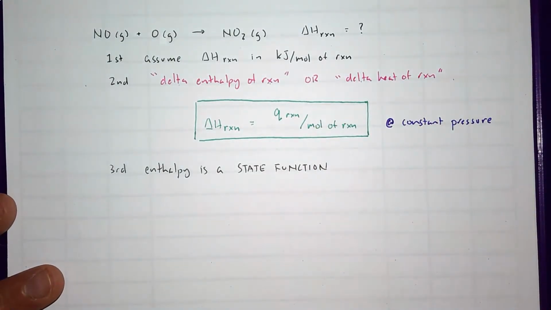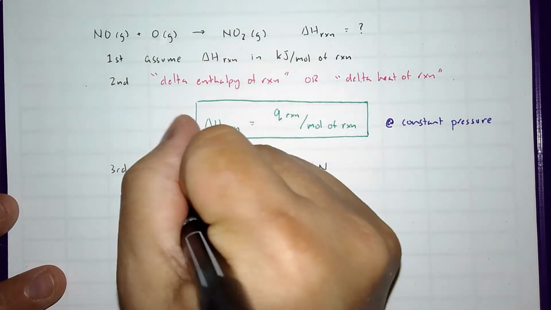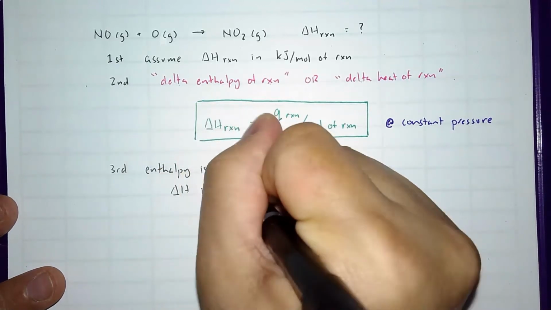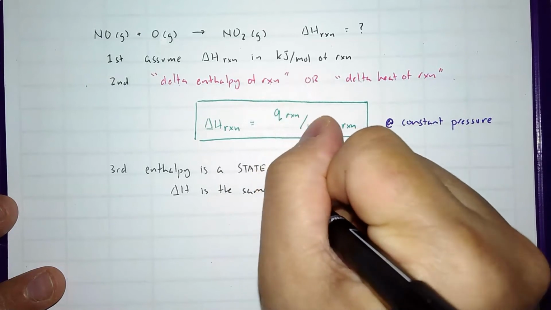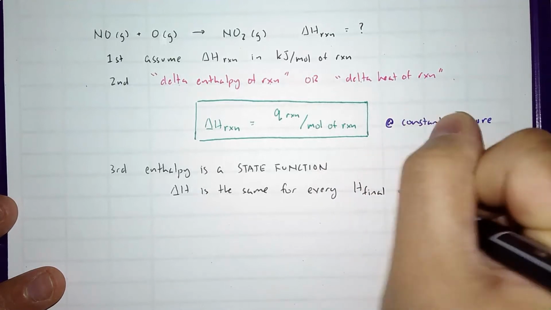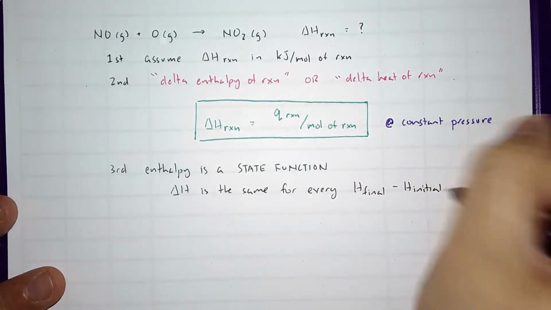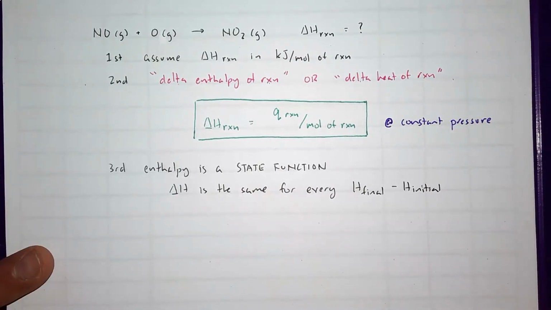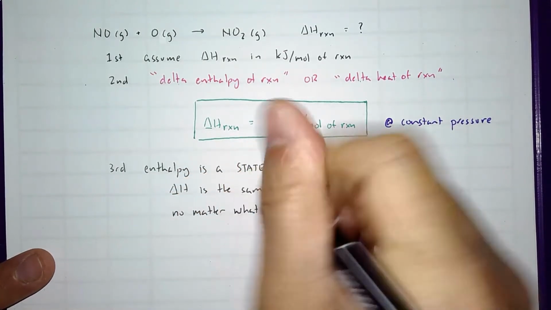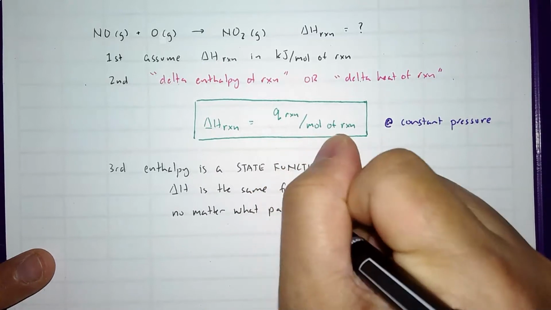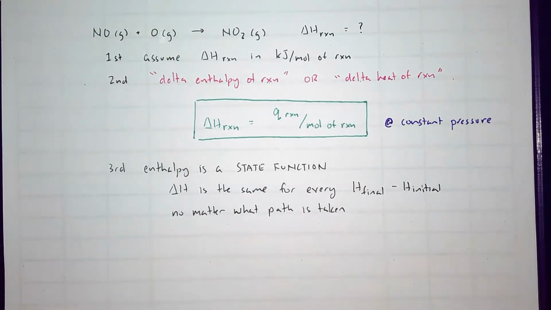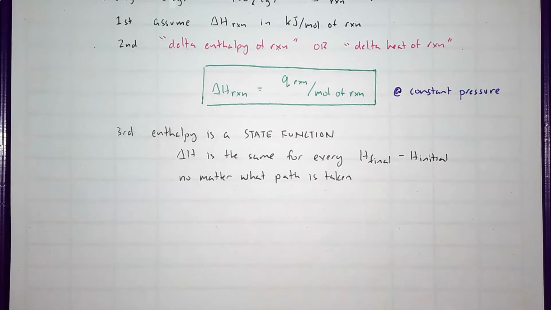It means that delta H, H final minus H initial, is the same no matter what path is taken for a certain process or reaction. This is going to be very important when we discuss Hess's law.